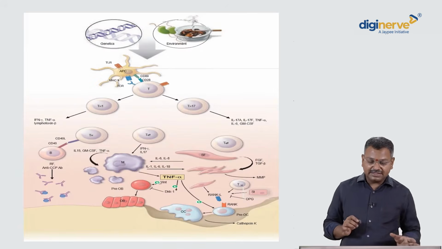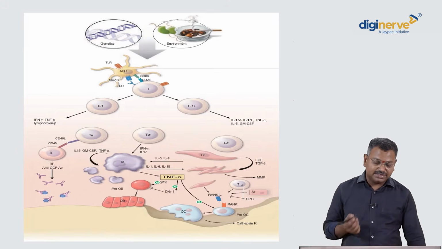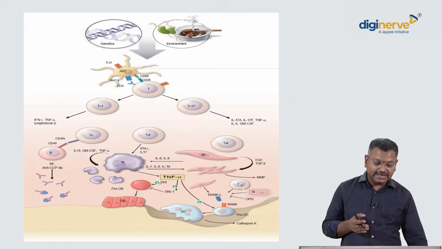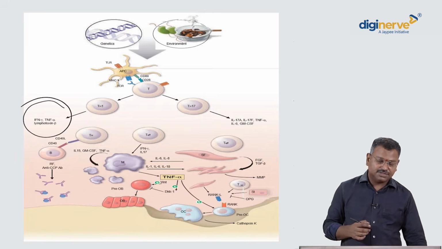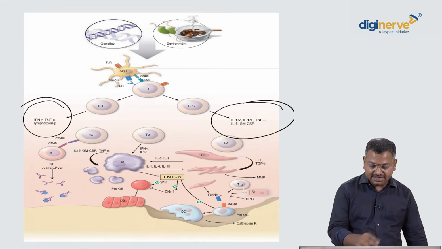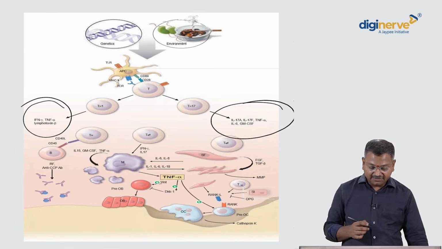If you look at the general picture, genetic and environmental factors act through various receptors, primarily CD80 and CD28. The T helper cell 1 gets activated, releasing interferons, tumor necrosis factor alpha and lymphotoxin beta, and the Th17 cell gets activated, which releases interleukin 17A, interleukin 17F, TNF alpha, IL-6 and GM-CSF.